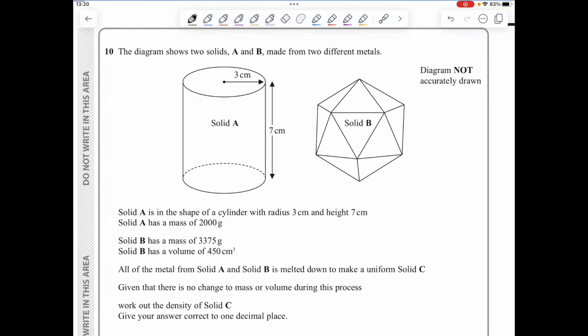For question 10, I'll need to find the density of solid C, and the density is equal to mass over volume. So I'll need to find the mass and the volume of solid C. Now I have information about A and B, so I'm going to summarize all these on a table.